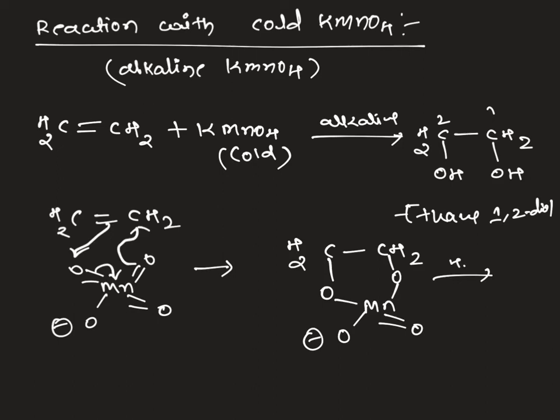After that it undergoes hydrolysis, which cleaves here and here, converting to the dihydroxy compound plus MnO2, which is formed in the reaction. This is the mechanism which occurs in the cold. In hot KMnO4, once the manganese ester is formed, it undergoes ready oxidation, and we get further oxidation products, so carboxylic acid formation will be there in hot KMnO4.